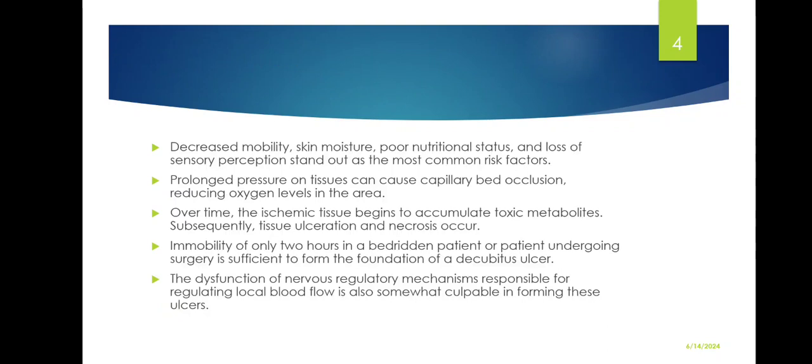Over time, the ischemic tissue begins to accumulate toxic metabolites, subsequently leading to tissue ulceration and necrosis. Immobility of only 2 hours in a bedridden patient or patient undergoing surgery is sufficient to form the foundation of a decubitus ulcer. That's just the foundation, okay? The dysfunction of nervous regulatory mechanisms that are responsible for regulating local blood flow is also somewhat culpable in forming these ulcers.